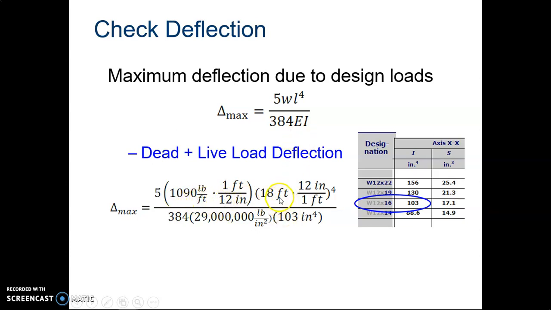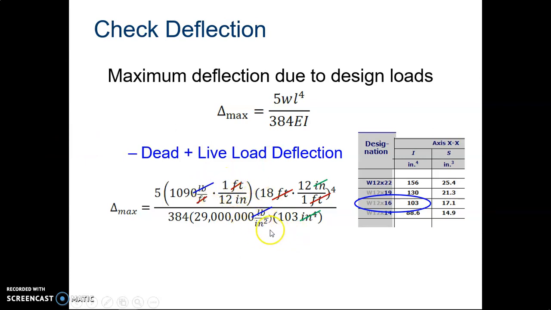And then the L, again, is in inches. Divided by 384. The modulus of elasticity for steel in PSI is 29 million, and then the I is 103. And plug and chug, have fun with that. Notice what cancels and what you're left with. We are actually left with inches divided by inches squared, or actually 1 over inches.